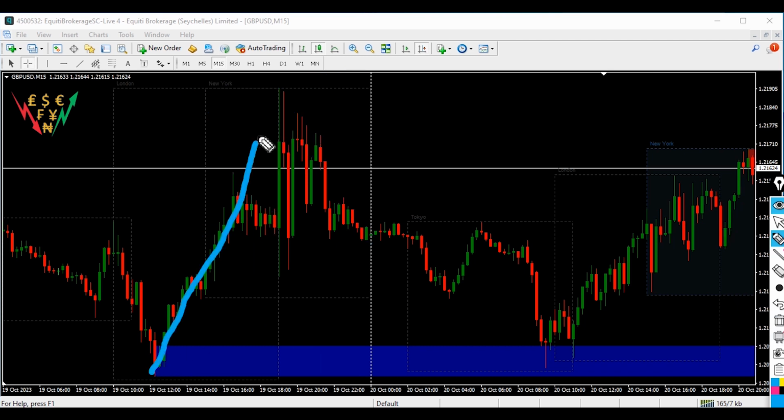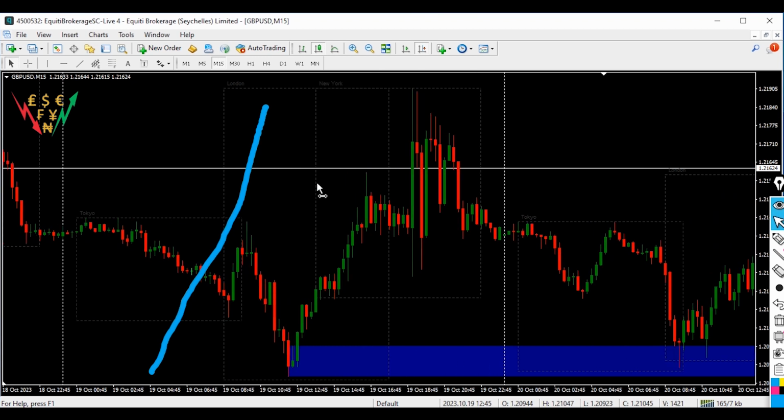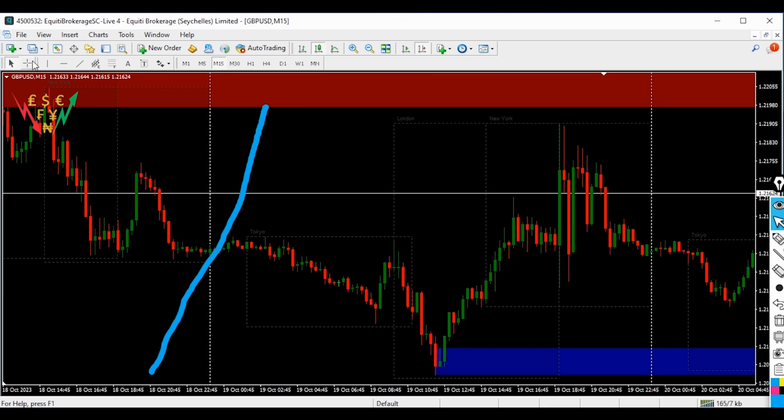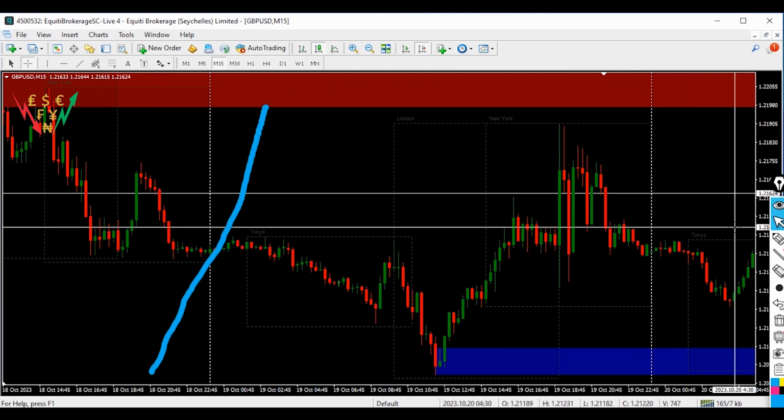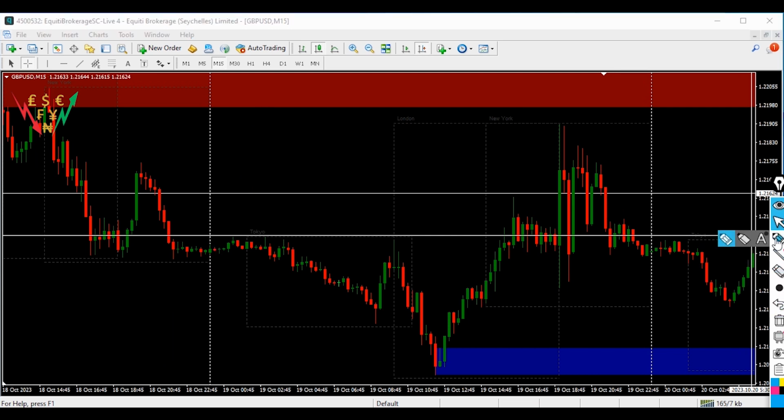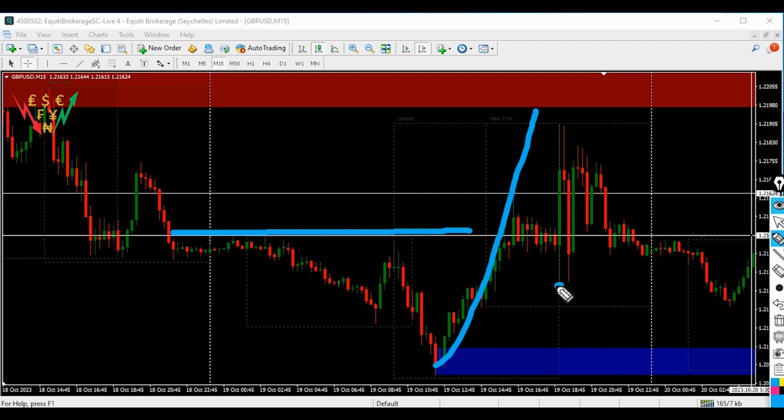You know, the market went here, it broke some form of structure right here. You can see the market broke that daily high right here by this move. Let me highlight it. It broke the daily high. You understand?